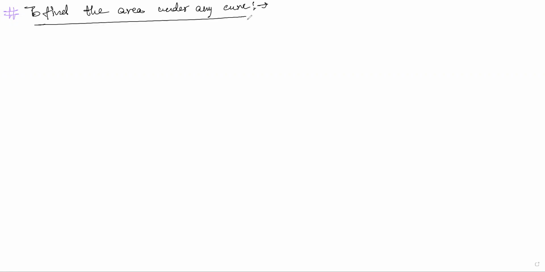To find the area under any curve. First is this very basic concept. So what we are saying is, let's say you give us one function. Yeah, by the way, guys, I'm really sorry I did not tell you this before. You need to be good with graphs.